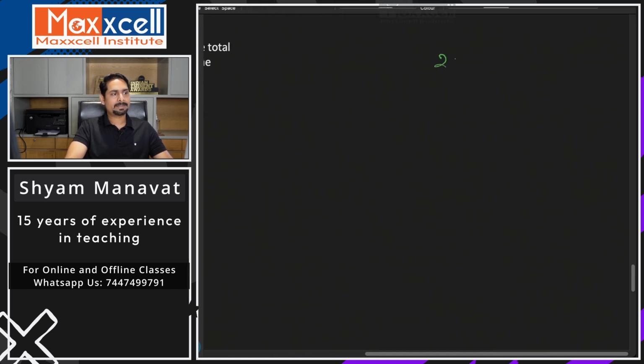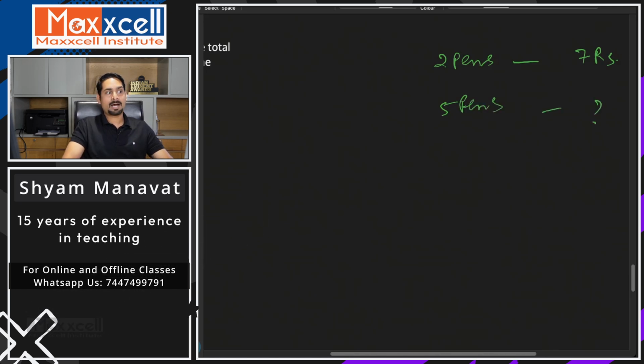Say 2 pens cost 7 rupees, then how much do 5 pens cost? How do you calculate this? You all have done this in your school time, and that's a very famous method. Yes, we cross multiply. You might have called this the cross multiplication method, but that's actually the chain rule.